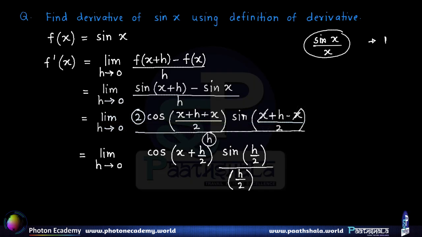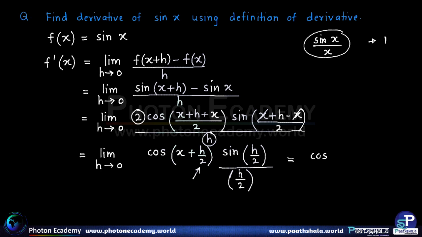So now, taking the limit further, if we substitute h as 0, cos of x plus h by 2 turns out to be cos x. So the first term is nothing but cos x, and in the second term we see the standard limit, sine of h by 2 upon h by 2 as h tends to 0, which is nothing but 1, since h by 2 also tends to 0. So that second limit is equal to 1.